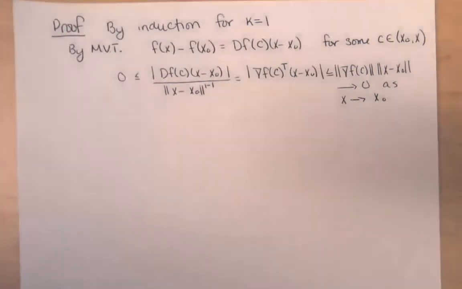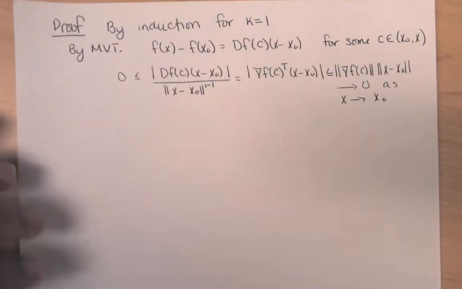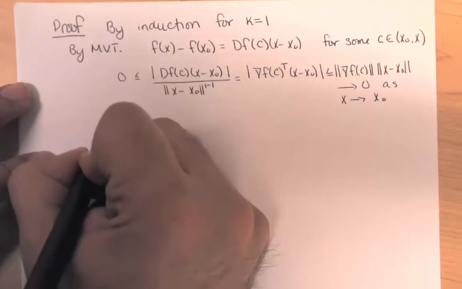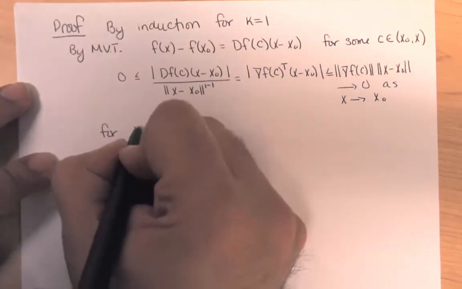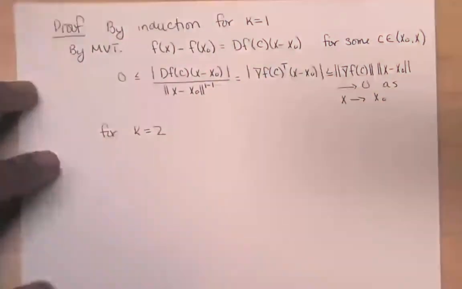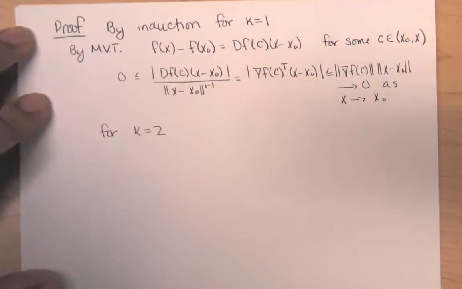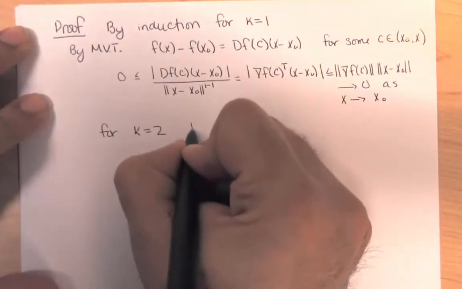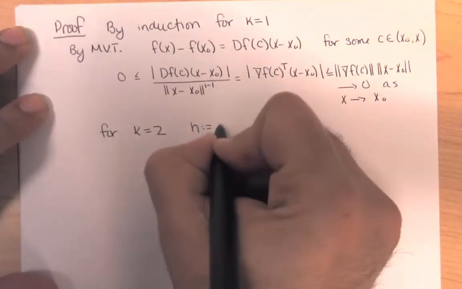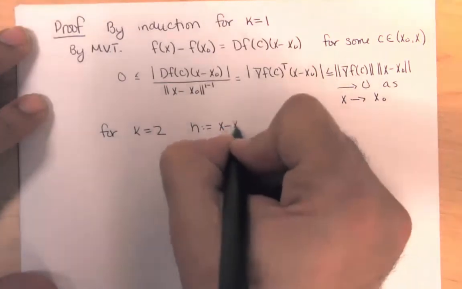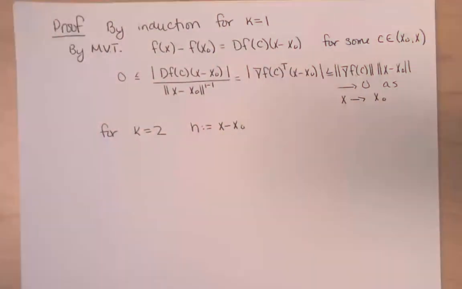Now r is not 1, r is r, so let's work our way towards it. Let's look at k equal to 2, just to get an idea of how this is going to work, and after that we'll use an induction step. For the sake of simplicity, let's define h to be x minus x0.